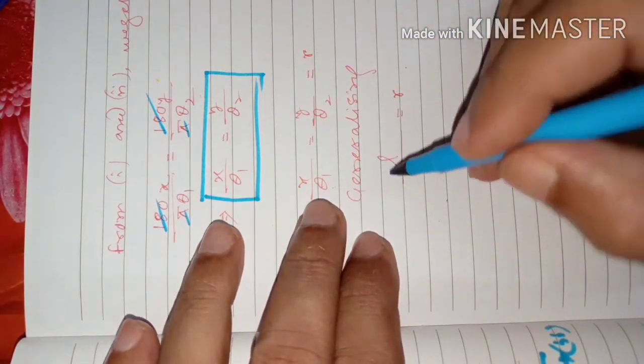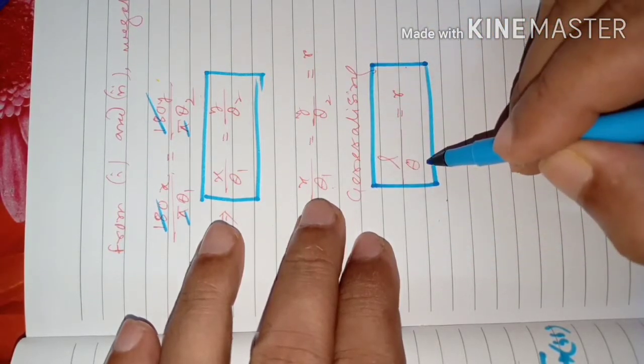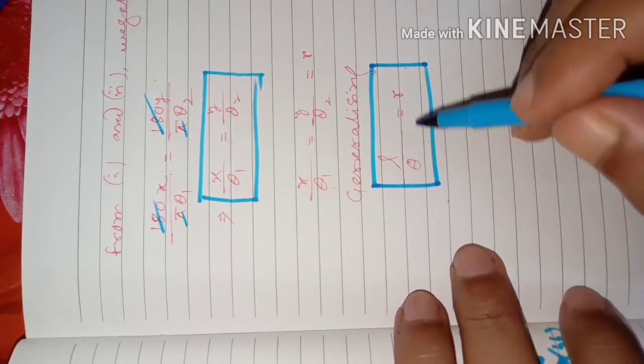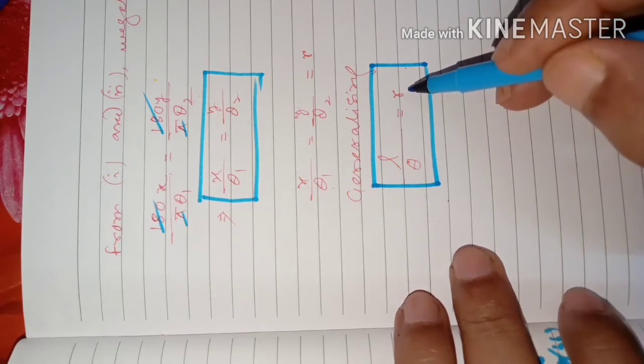So when the length of an arc of a circle is divided by the angle subtended by the arc at the center of the circle, it will give us the length of the radius.